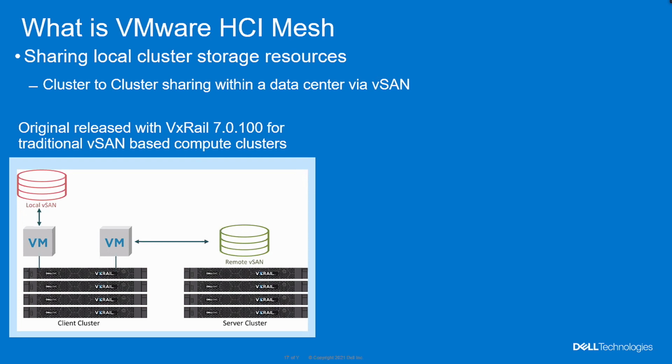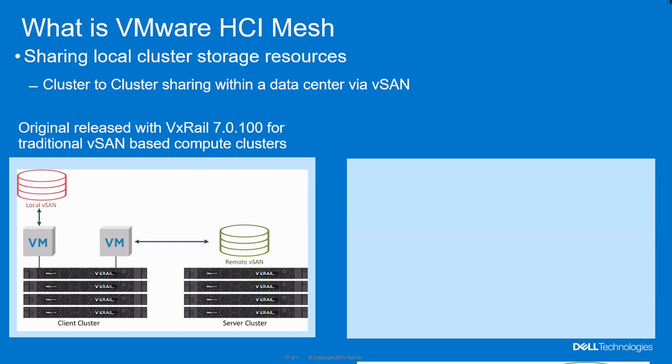Prior to our 7.0.240 release, each cluster contained some level of vSAN resources. So you may have a cluster with excess vSAN storage capacity, and you can share it over the network to another cluster that was maybe short on capacity.